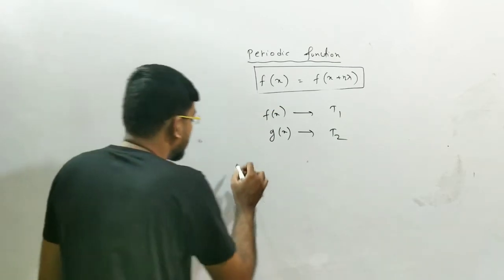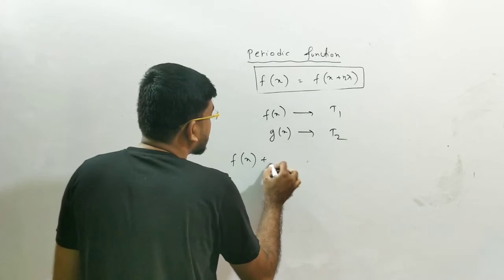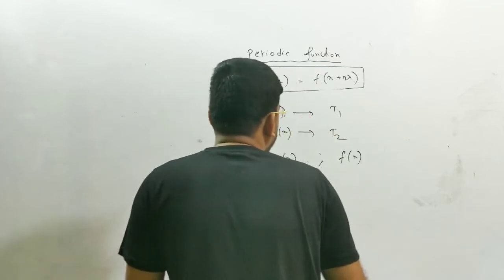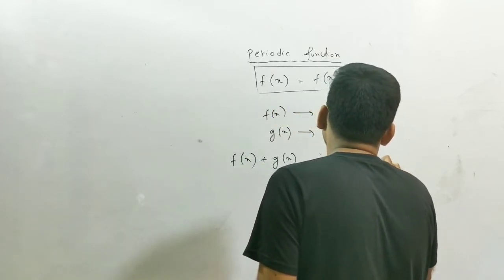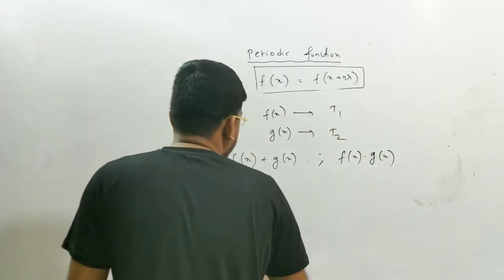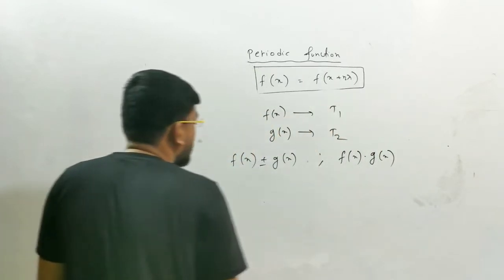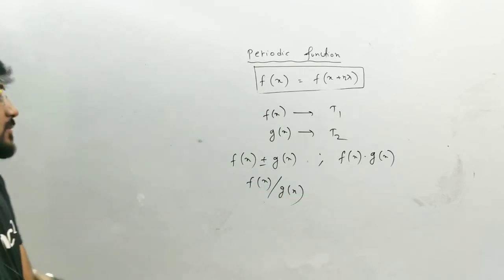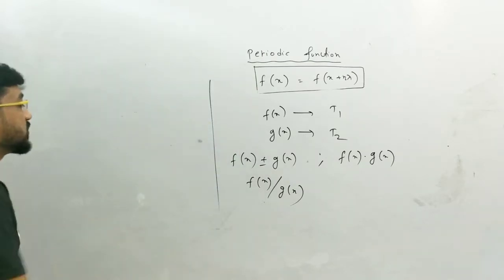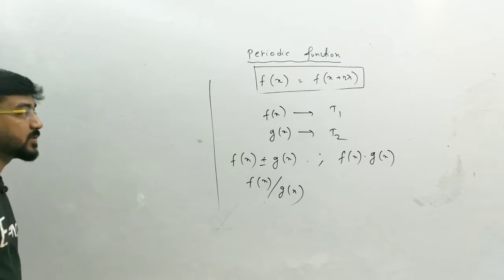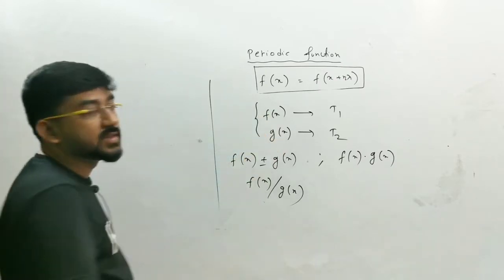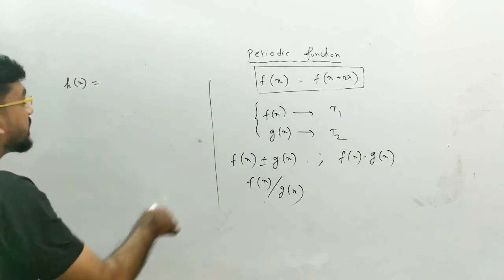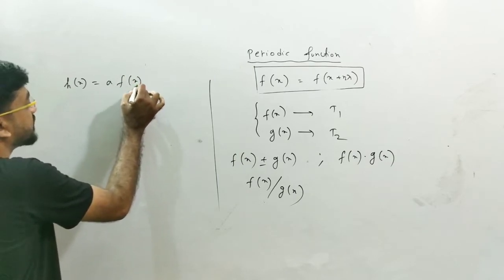In that case, if you want to find the period of the combination of these two functions, suppose f(x) plus g(x), or f(x) into g(x), or f(x) minus g(x), or f(x) divided by g(x), these kinds of situations may also arise. But suppose there is a function h(x) which is nothing but a linear combination of f(x) and g(x), that is a times f(x) plus b times g(x).